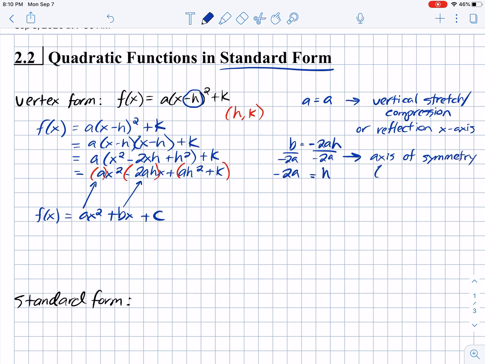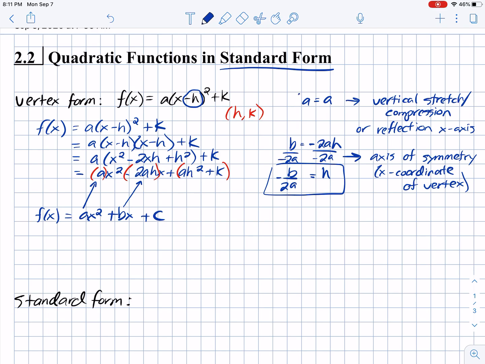It's also the x coordinate of our vertex. I'm sorry, I need to fix this equation here. h equals negative b over 2a. My apologies, forgot our b there.